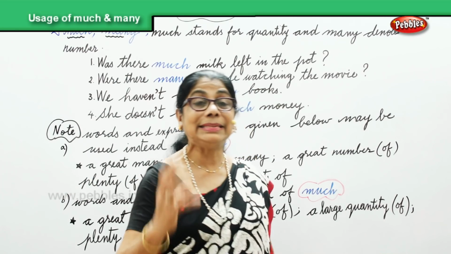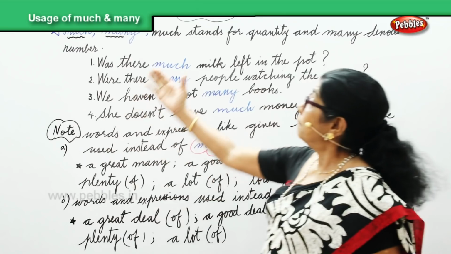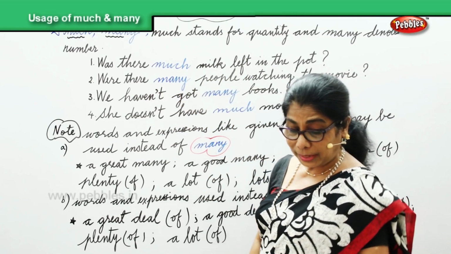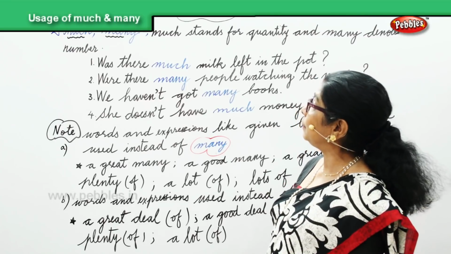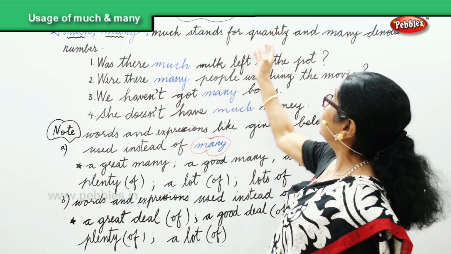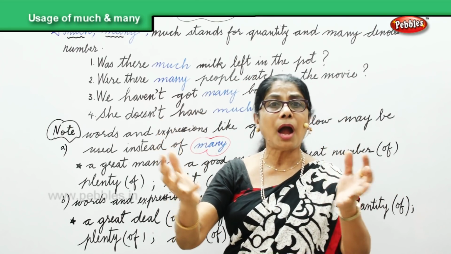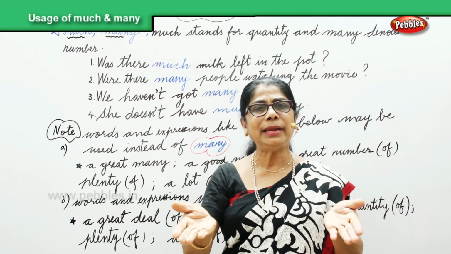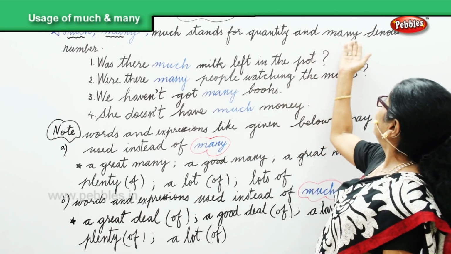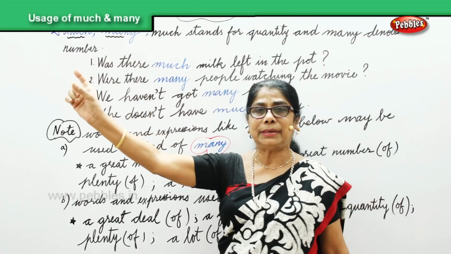The determiners much and many, that's what we are looking at. Much stands for the quantity, how much. How much sugar do you need? How much of dal do you use? Now, many denotes number.